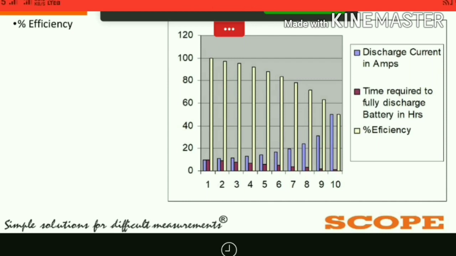We can see the efficiency gradually decreases to about 50%. So it is absolutely not recommended to do the discharge test at a current beyond the rated current capacity. It is always recommended to do the discharge at the rated current capacity.